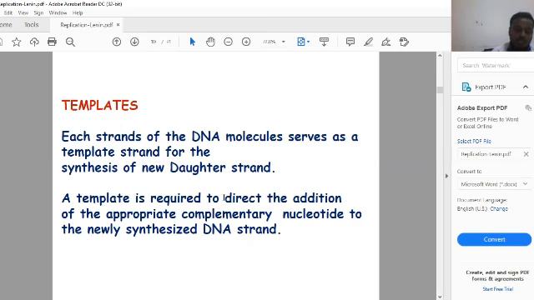The template is required to direct the addition of the appropriate complementary nucleotide to the newly synthesized DNA strand. So the parent DNA contains two single strands that are separated, and each will form a newly synthesized daughter strand.